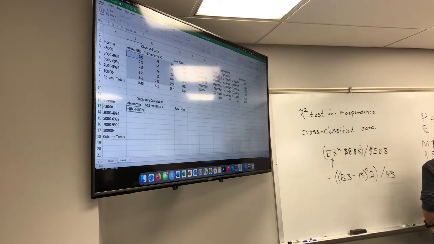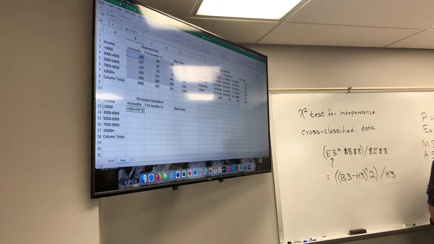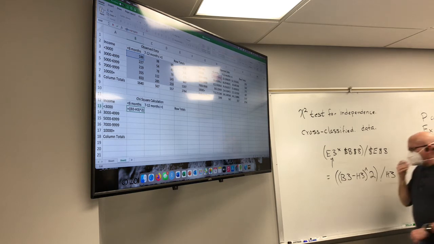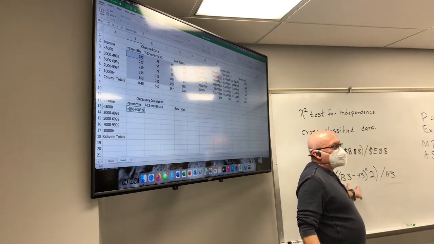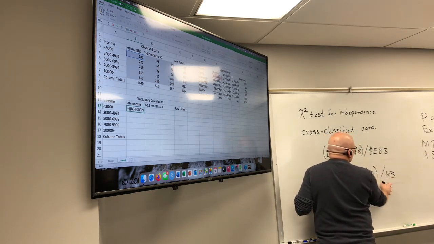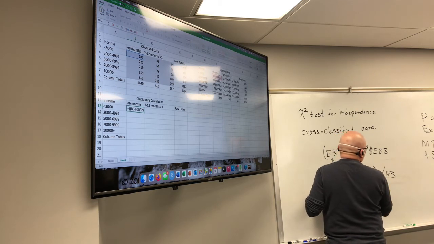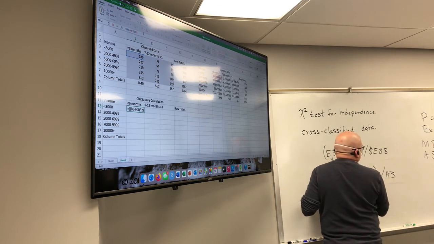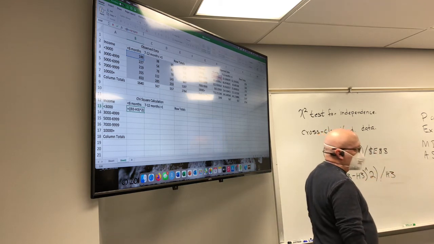Parentheses first, then exponents, then multiplication and division, and then addition, subtraction. So we put this in parentheses because it's going to be doing division after it does exponents. So you just have to use parentheses to make sure it's doing things in the right order.